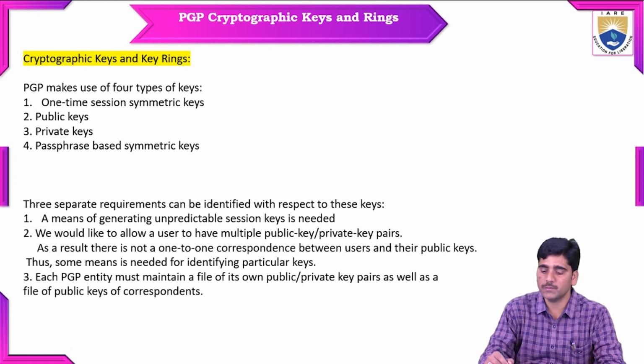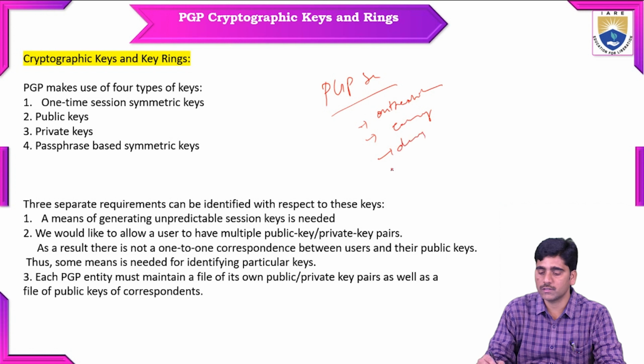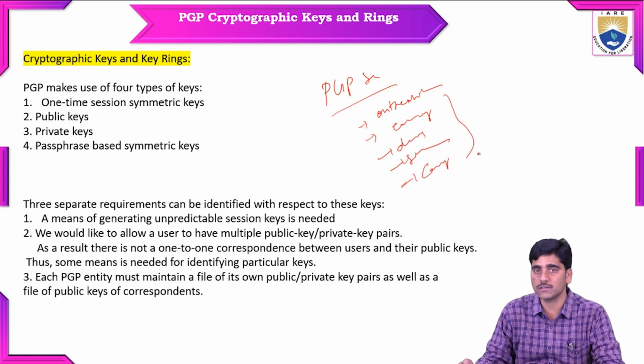The PGP services already discussed in the previous sessions are authentication, encryption, digital signature, segmentation, compression, and email compatibility. All these services are offered with the help of different cryptographic functions.